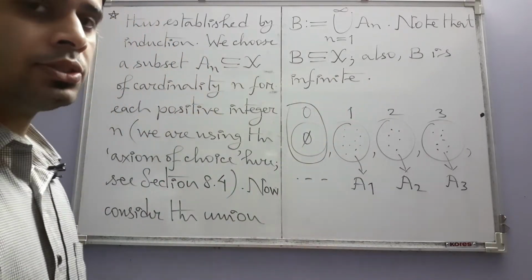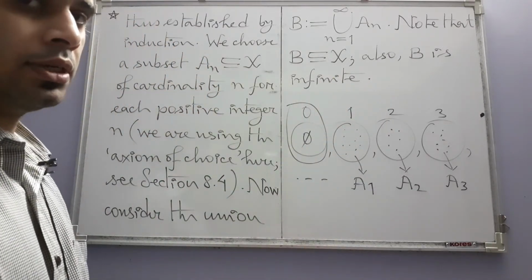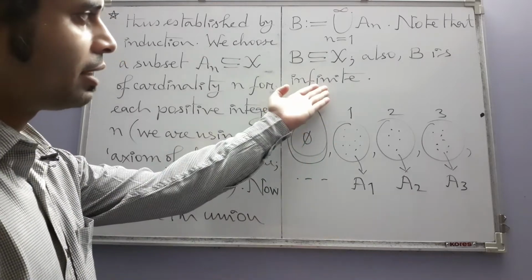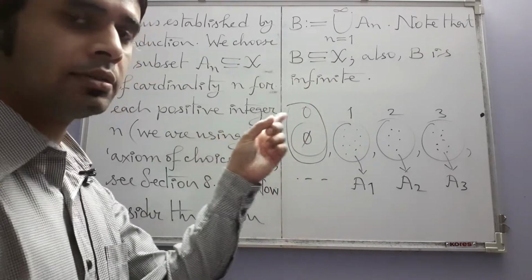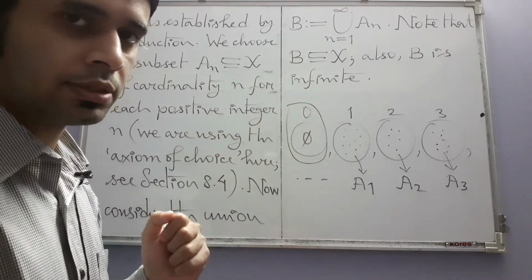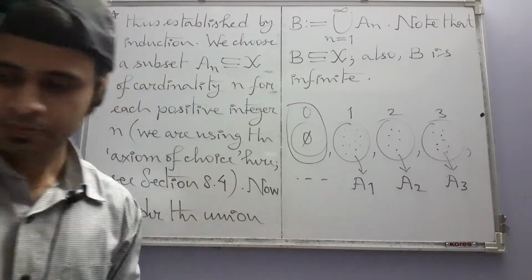Okay, but why is that so? Why is B infinite? This part can be answered again by part C of proposition 3.6.14 in this way.